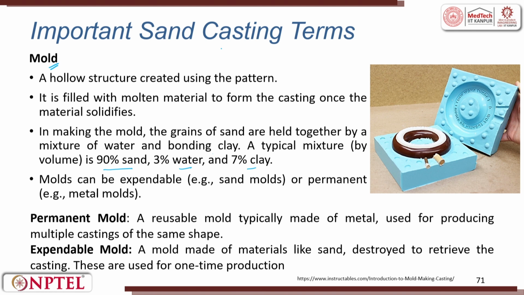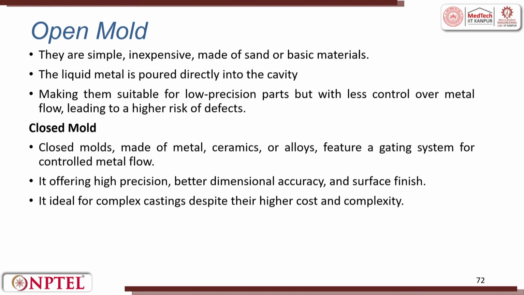The molds in sand casting are expendable, they break and you throw them. Permanent molds are the reusable type, made out of metals, used to produce multiple castings of the same size. Expendable molds: the mold is prepared every time and the sand is destroyed. Maybe you do a preparation and the sand can be reutilized.